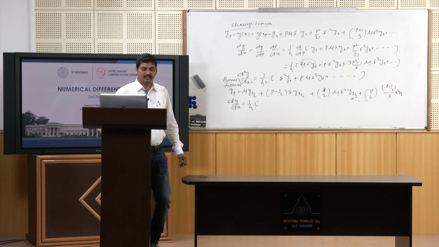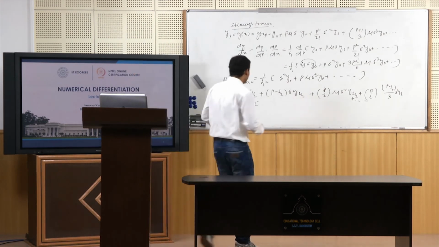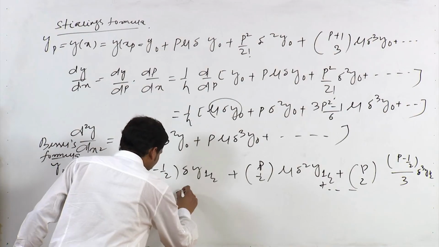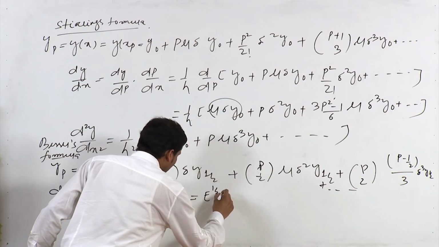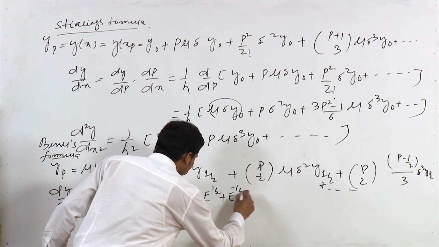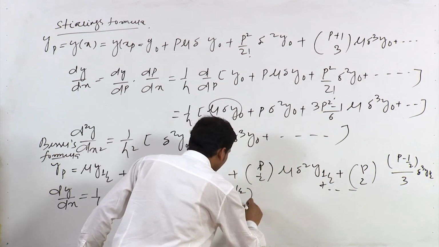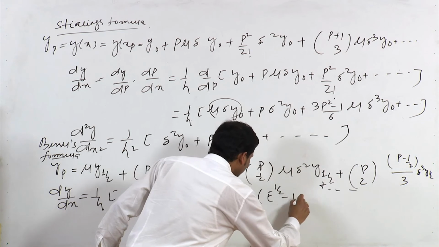Directly, if we want to write this as mu delta, mu delta can be written as e to the power half plus e to the power minus half by 2, into e to the power half minus e to the power minus half.